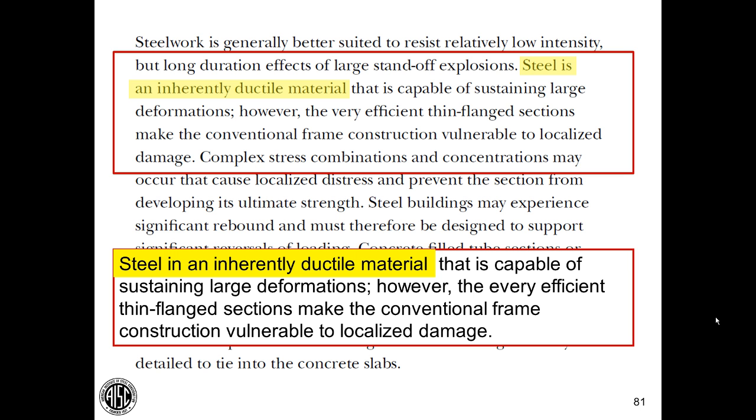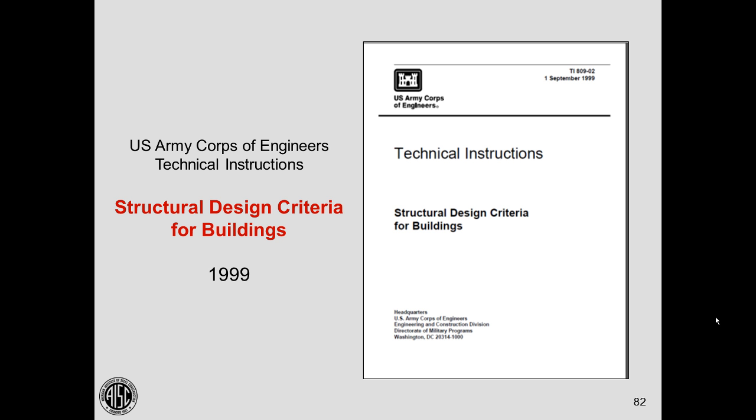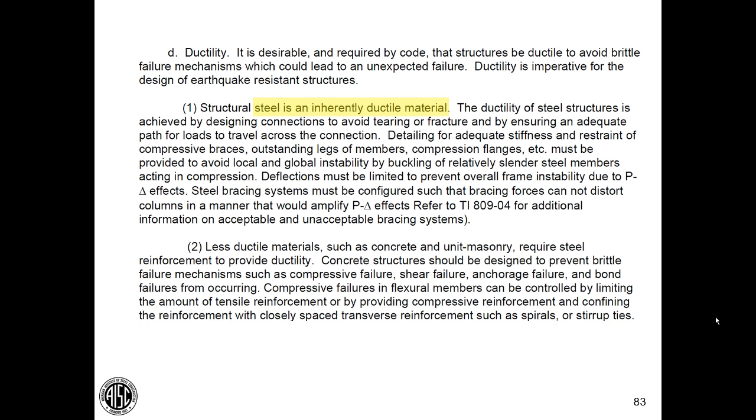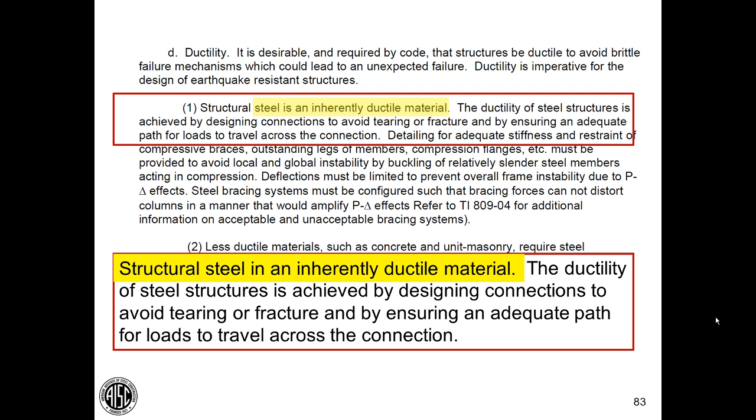And here's from 1999, U.S. Army Corps of Engineers. And they're talking about the inherent ductility of steel. There's the same phrase again. Structural steel is an inherently ductile material. The ductility of steel structures is achieved by designing connections to avoid tearing or fracture, and by ensuring an adequate load path to travel across the connection.